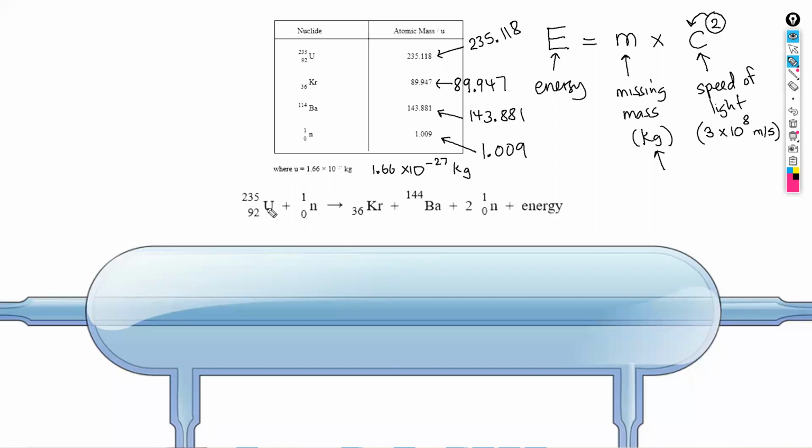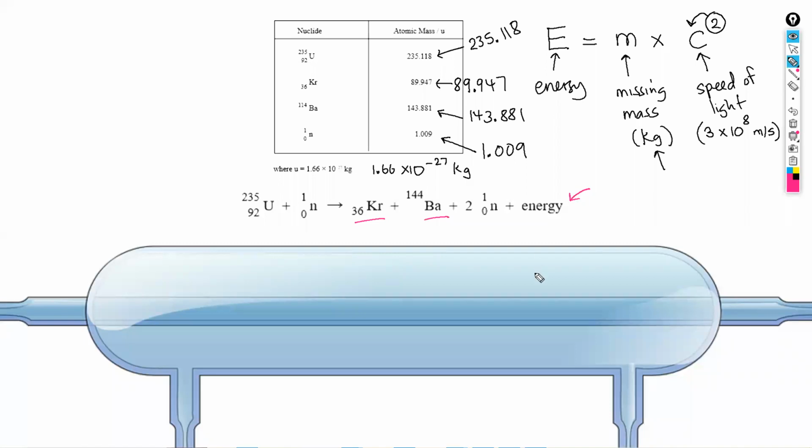Think of it like this: you shoot a bullet at something, and whatever it hits is going to split into different pieces. The uranium is going to split into krypton, I assume this is barium, and you see it has a 2 here? It splits into 2 neutrons. That's what the 2 means here. And you get some energy with it.